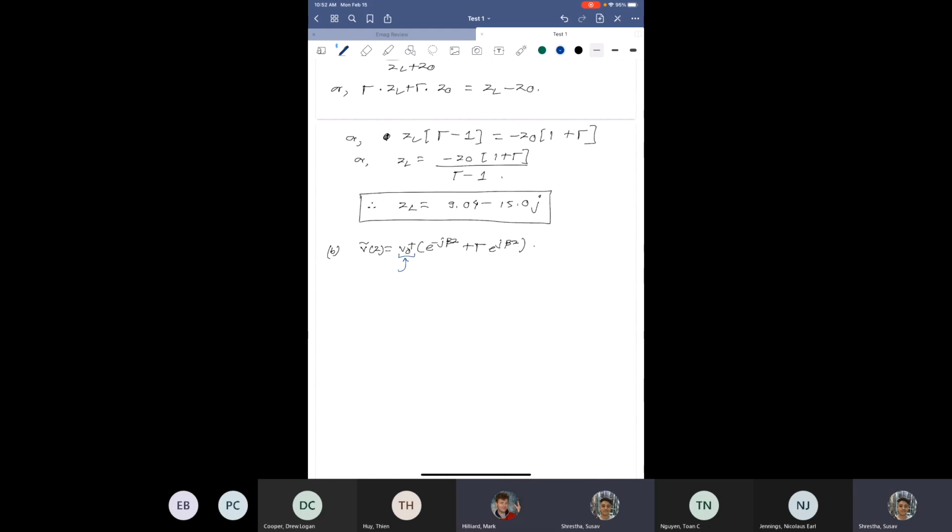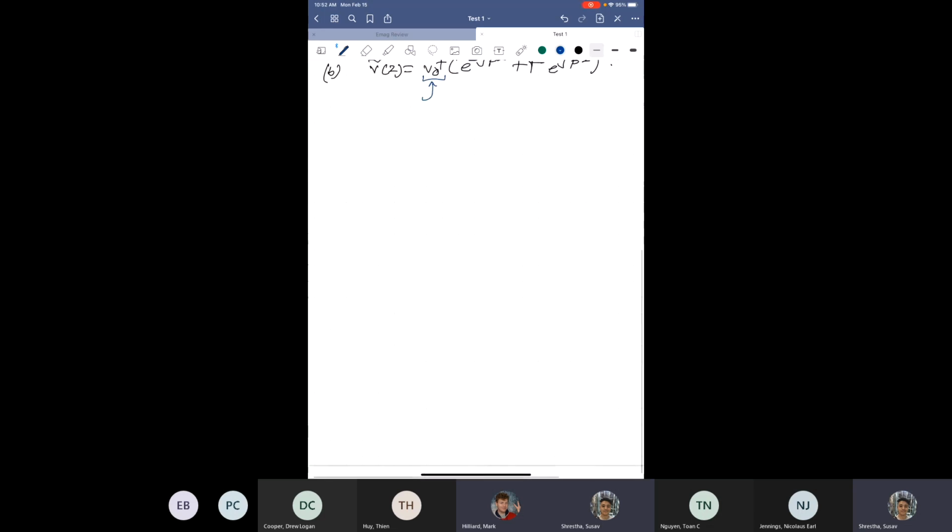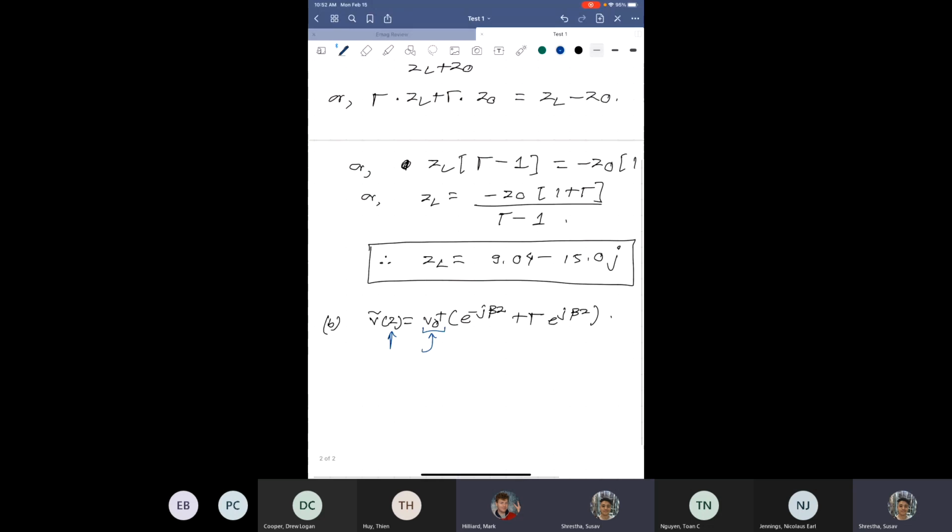Is V phasor of z the same as the phasor of VG, or is that just the phasor of VG? Which value are you talking about? The phasor of VG of 100, that's not the phasor V of z, right? No, this is z. This is the generator voltage, and z is basically the length.